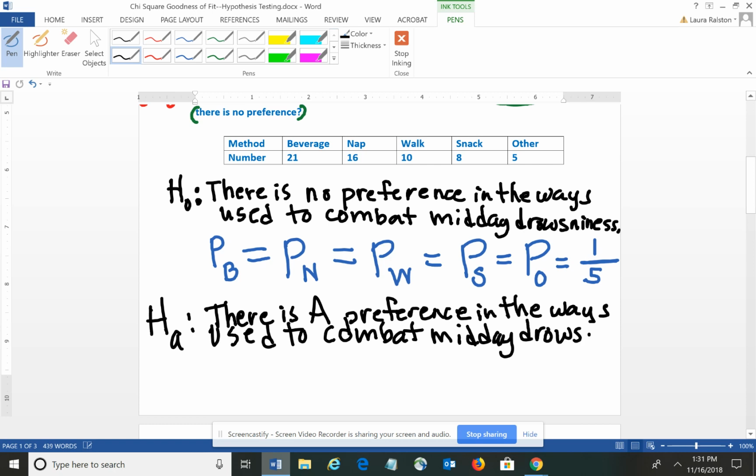Now, again, it's okay to write this out in a sentence. Again, the null implies that it's equal. The alternative implies that it's not equal. If you prefer the symbols, we would simply say at least one of our proportions, and the generic is P with a subscript of i, does not equal 1/5.